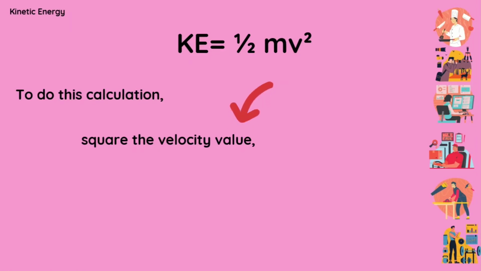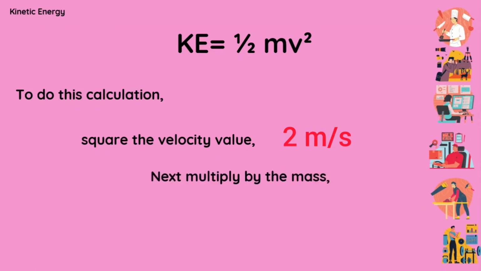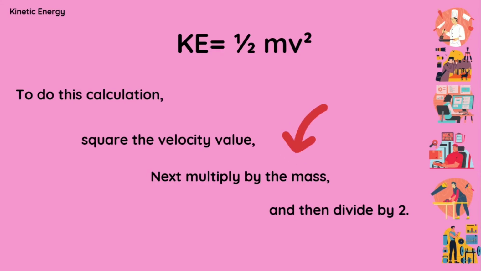Let's say, for example, if the value of velocity is 2 meters per second, you have to multiply 2 meters per second by 2 meters per second. So, 2 times 2. Next, multiply by the mass and then divide by 2.